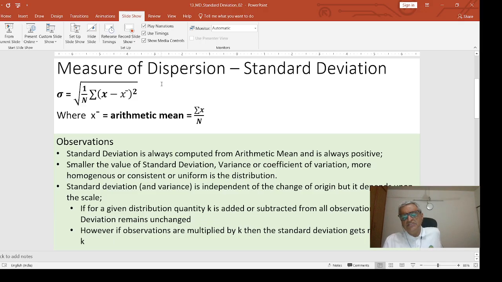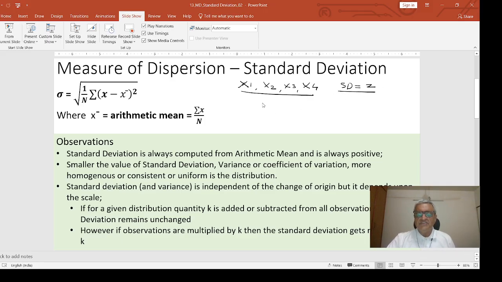Standard deviation and variance is independent of change of origin, but it depends upon the scale. So what does it really mean? Let's take an example. You have observations x1, x2, x3, and x4. If these are the observations, and standard deviation is, say, z, right?